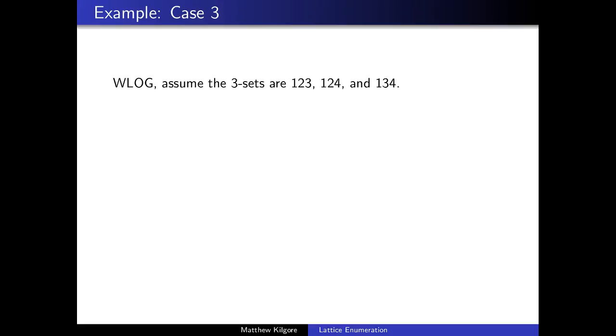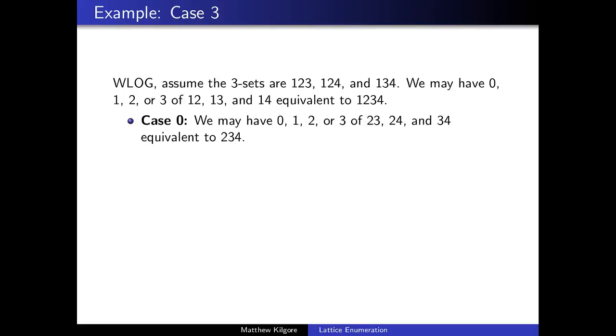Without loss of generality, assume the 3-sets are 123, 124, and 134. Then we may have 0, 1, 2, or 3 of 12, 13, and 14 equivalent to 1234. So we'll break into cases again.